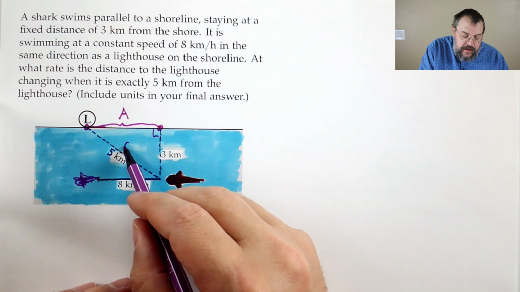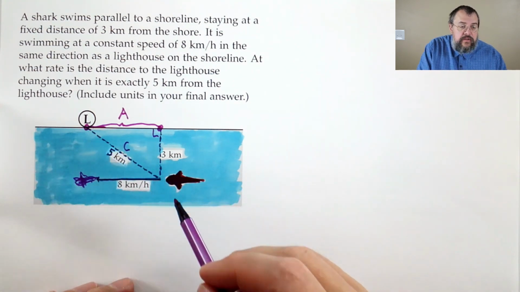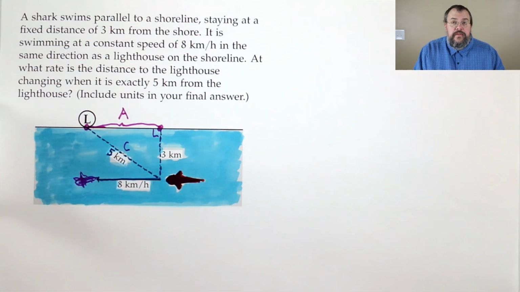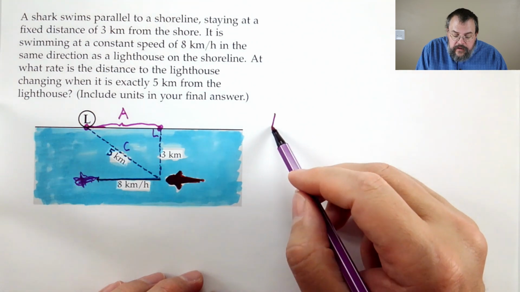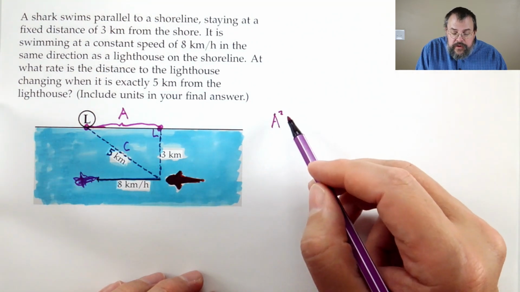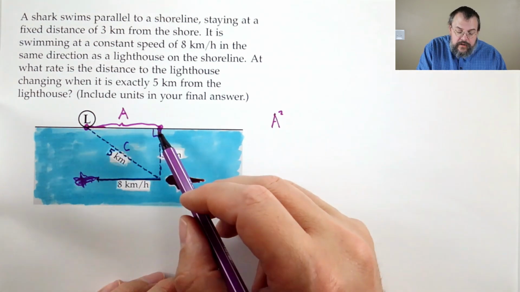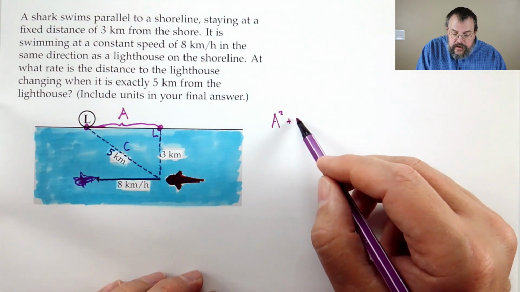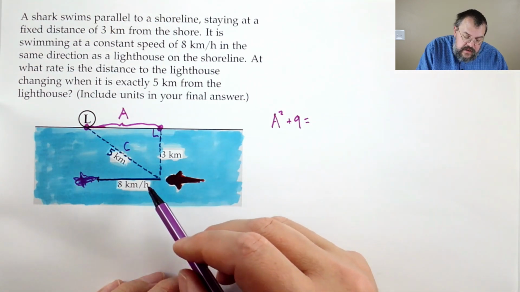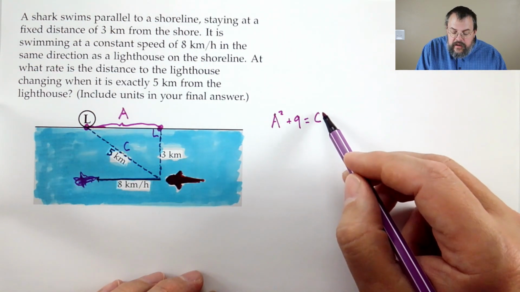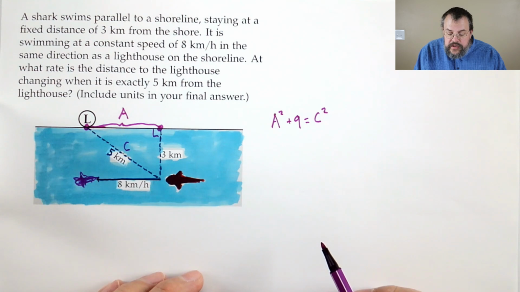This length here, the distance from the shark to the lighthouse, is changing, so we'll name it C. So what's our relationship? We have a right triangle, which is, of course, the best kind of triangle. So we get a squared plus 3 squared, which is 9, equals c squared. There's our relationship.